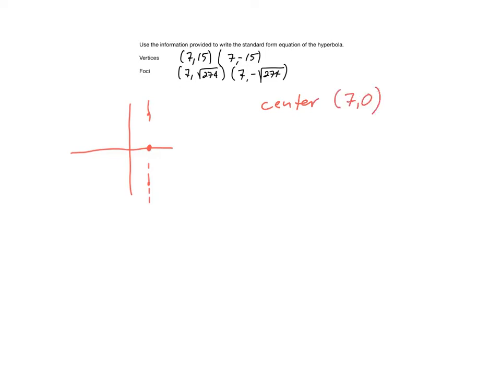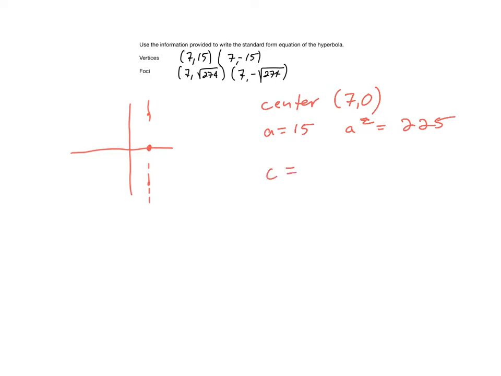The distance from the center to the vertex is a. So a is going to be 15, from 0 to 15, and 0 to -15 is 15. A squared is equal to 225.